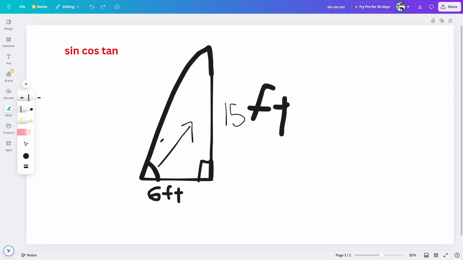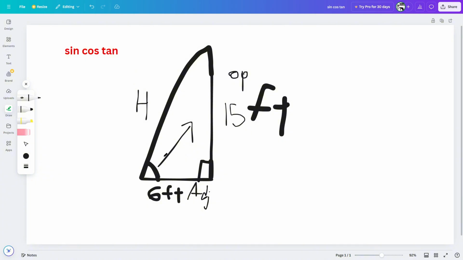So now with that, we just go on with our basics. Because this is the angle we're working on, the longest side of our right triangle is our hypotenuse. The side that is right next to the angle we're working with, this being our 6 foot side, is our adjacent, which we can write as ADJ, and the side across from the angle is our opposite.